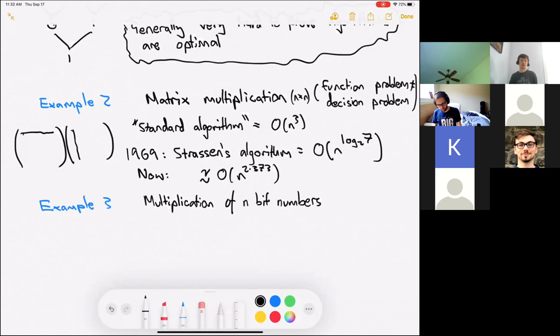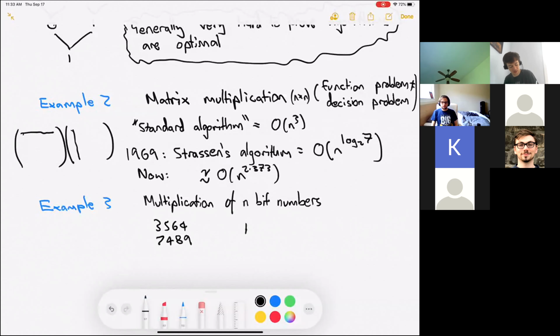And here, the naive algorithm that you got taught in school takes, so we have, say, the number 3564 times 7489. To do this standard algorithm, you'd multiply every pair of digits together, right? You'd multiply 4 times 9, and then you'd add 60 times 9, and then you'd add 500 times 9, then 3000 times 9, and so on.